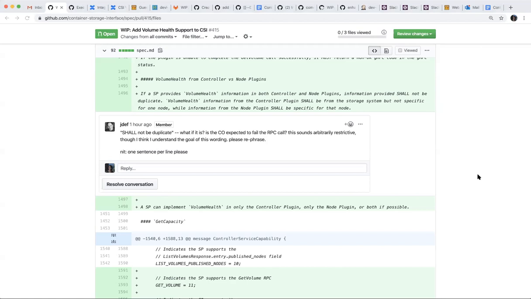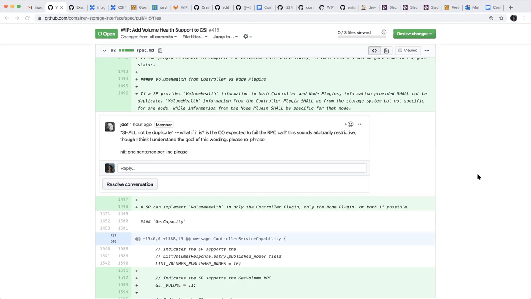I think as long as we make it clear in the spec, or maybe give examples of what you would put in a controller report on the controller side versus the node side. Yeah, a few examples would go a long way. Yeah, we should have examples for the different types of plugins. What is the suggested way to do this?